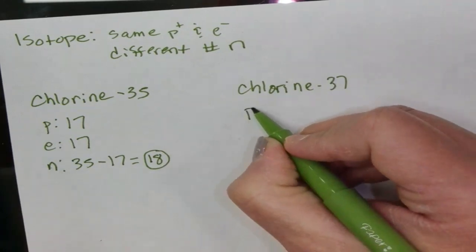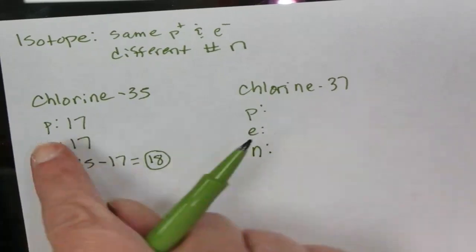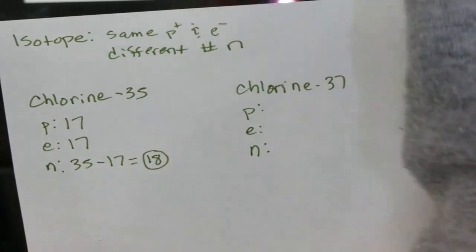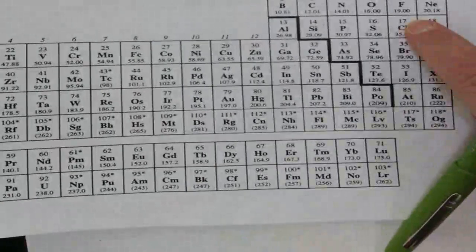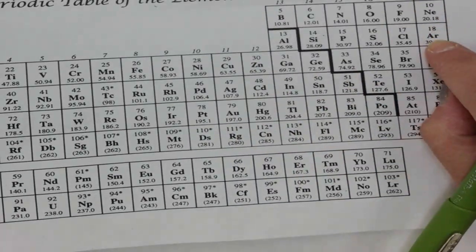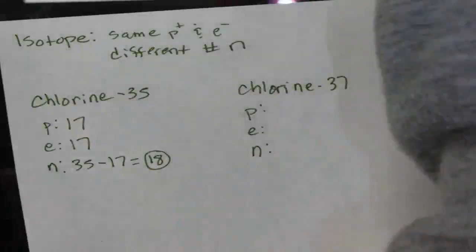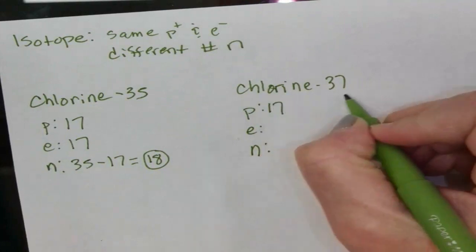What about chlorine-37? When we look here, the proton number doesn't change, because if I change the proton number from 17 to 18, I no longer have chlorine. So the proton number has to be 17 always. Again, this is neutral.